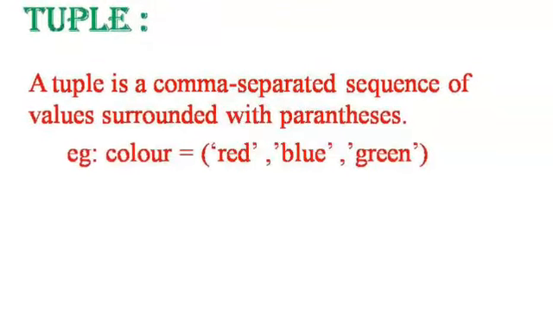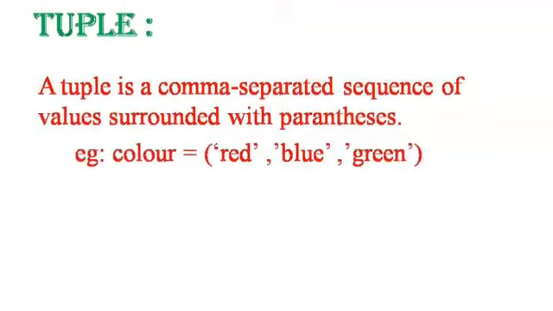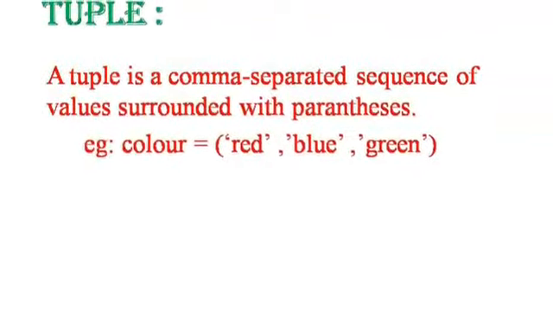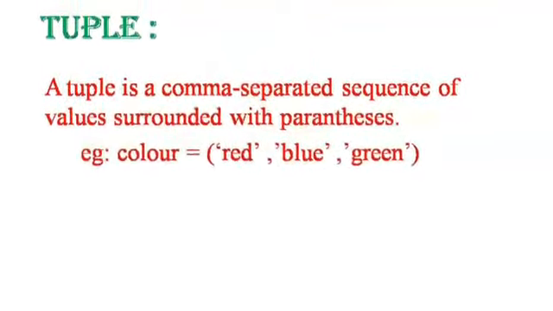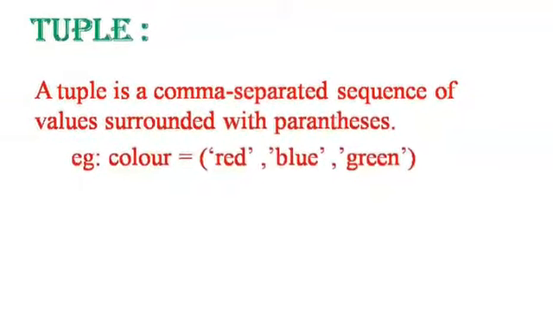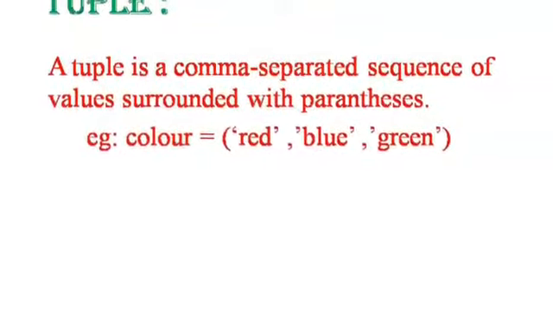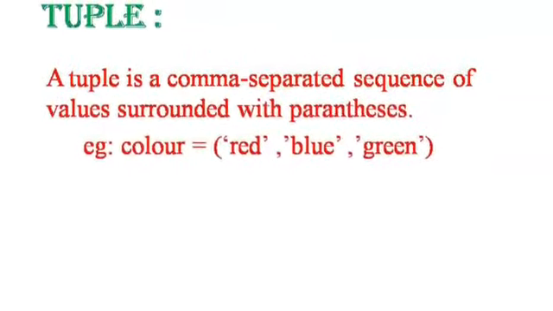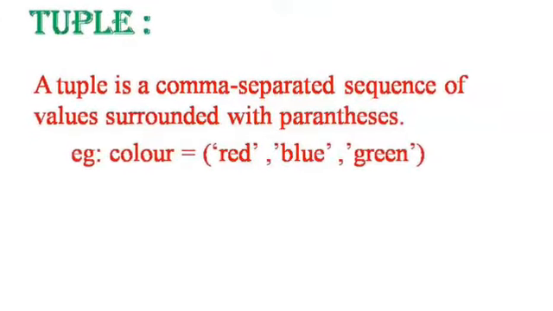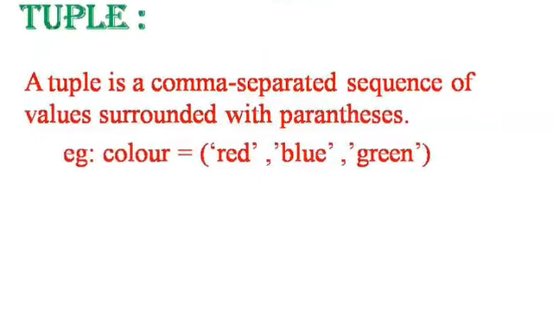Next topic is tuple. A tuple is a comma separated sequence of values surrounded with parentheses, brackets. Example, color is equal to (red, blue, green) given in brackets. So in tuple we use brackets separated by commas.